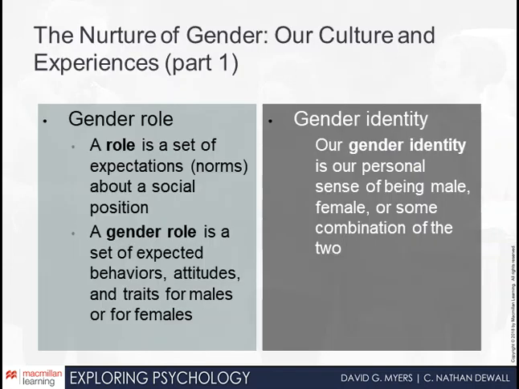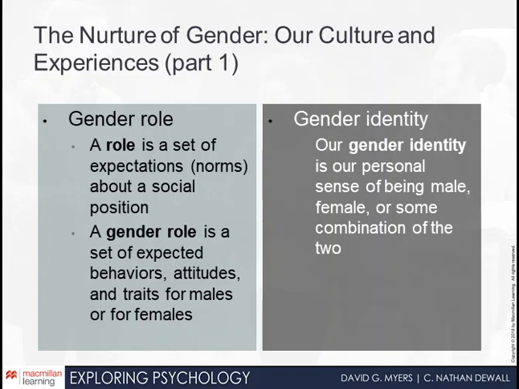Then we have the nurture of gender, our culture and experiences. Gender role. First, what is a role? A role is a set of expectations or norms about a social position. A gender role is a set of expected behaviors, attitudes, and traits for males or for females.